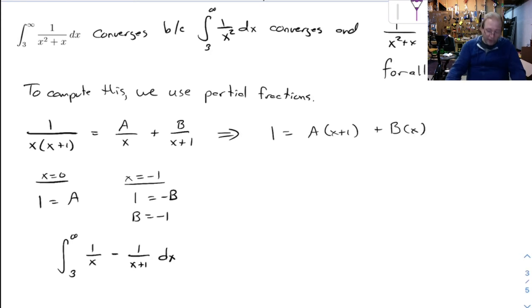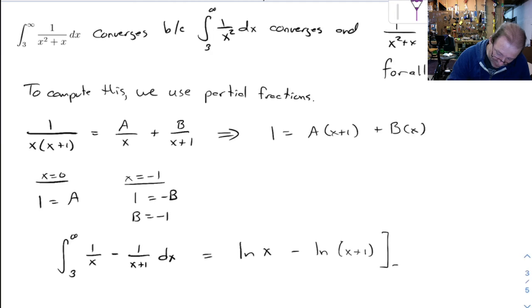Now we just have to integrate this. This was actually pretty easy. You get ln of x. I'm going to leave my absolute values off of here because the numbers we're plugging in are all positive. So ln x minus ln of x plus 1 from 3 to infinity.